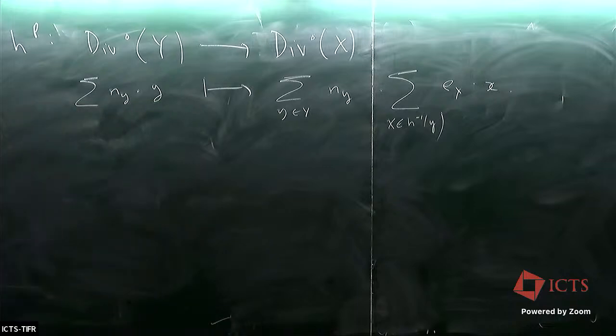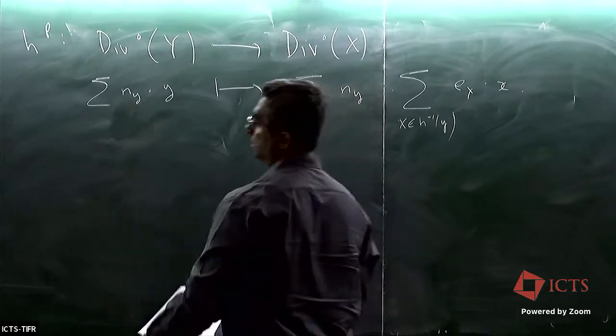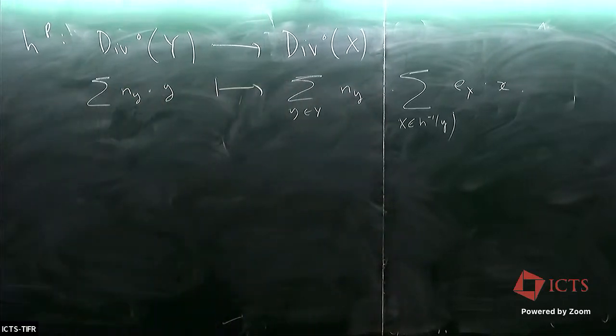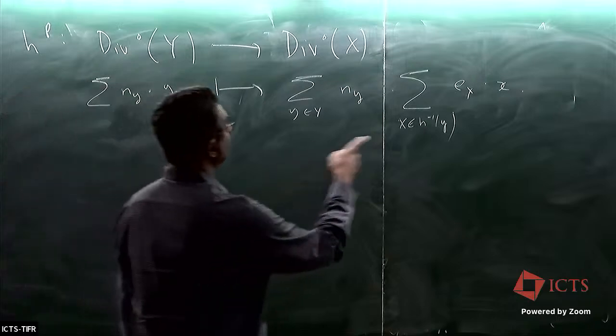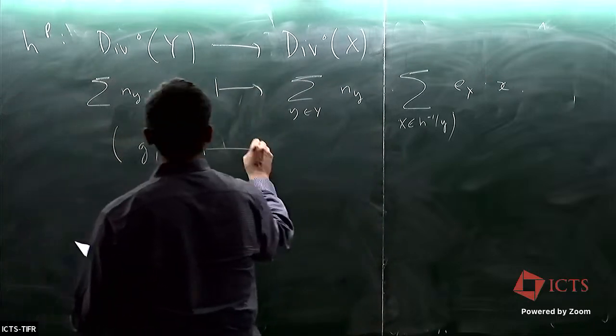And we have to check now that it induces a good map on the quotients in the Picard group. So if you have summation n_y times y, but this is a principal divisor, so n_y is just v_y of g. And what happens to it on this formula? It goes exactly to this, right? Since n_y is v_y of g, this shows that the principal divisor of g maps to a principal divisor.